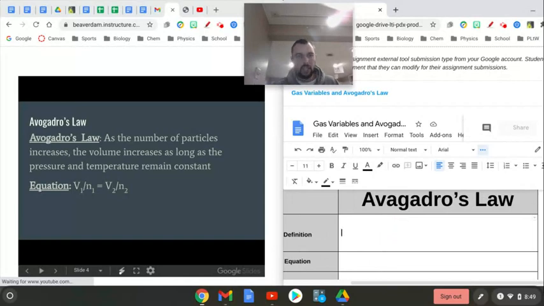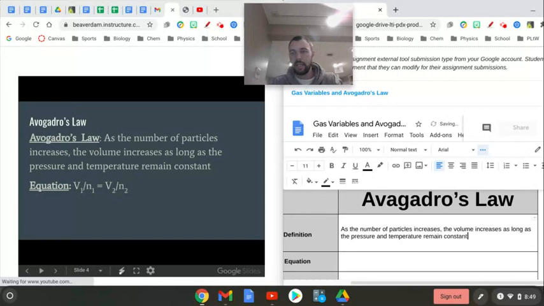So definition, as the number of particles increases, the volume increases. Now here's important, as long as the pressure and temperature remain constant. So we can't be heating anything up or cooling anything down, because if we change the temperature, that's going to affect the other variables.